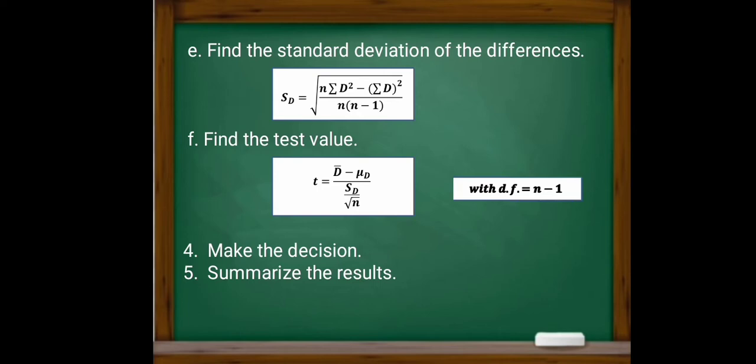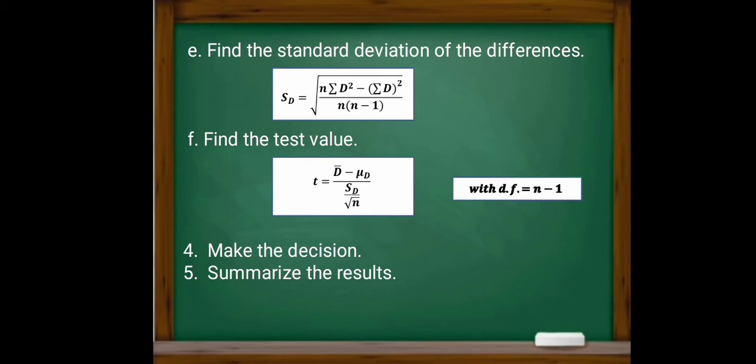The formula follows the basic format: test value is equal to observed value minus expected value over standard error, where the observed value is the mean of the differences and the expected value, or mu sub D, is 0 if the hypothesis is equal to 0.